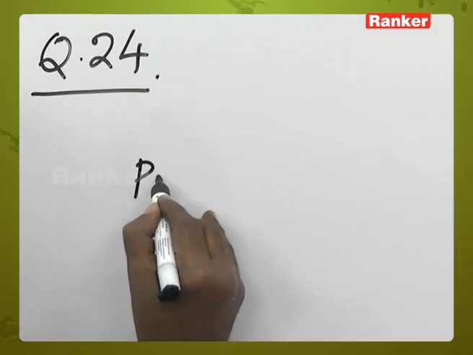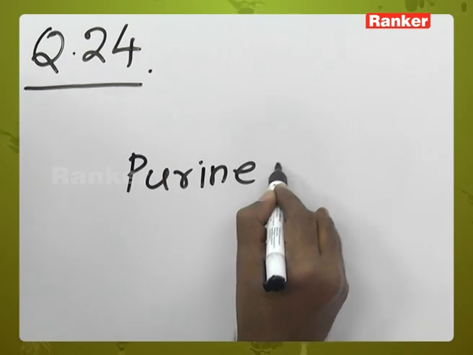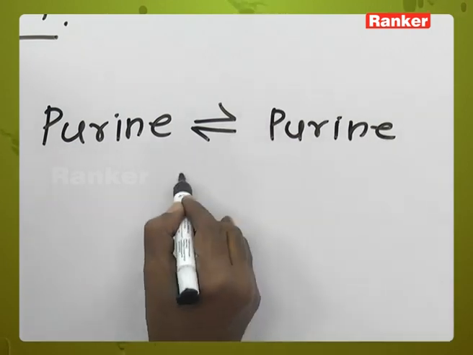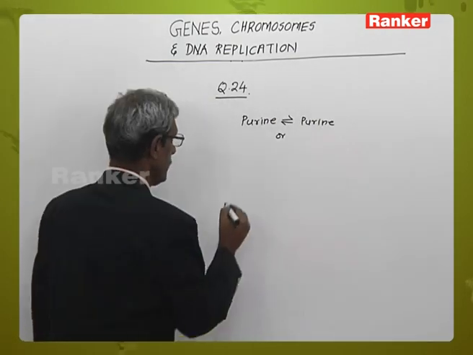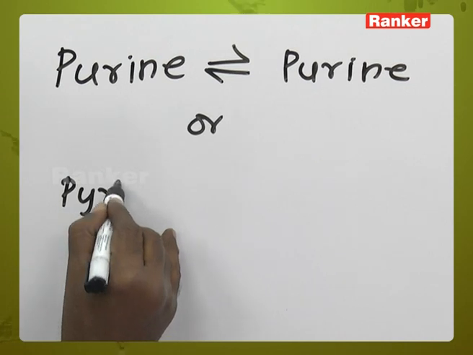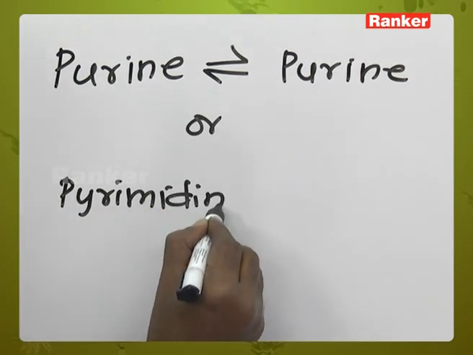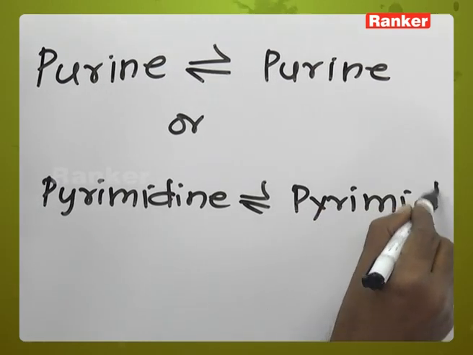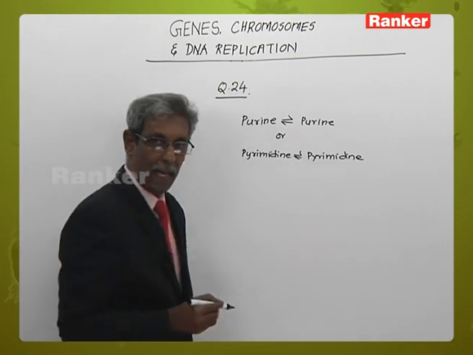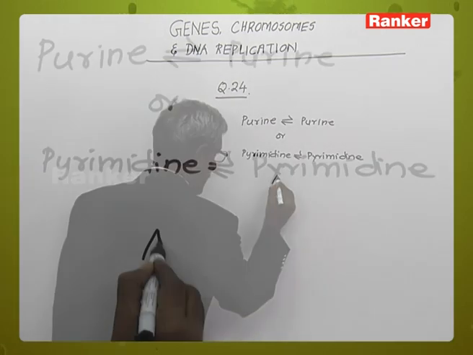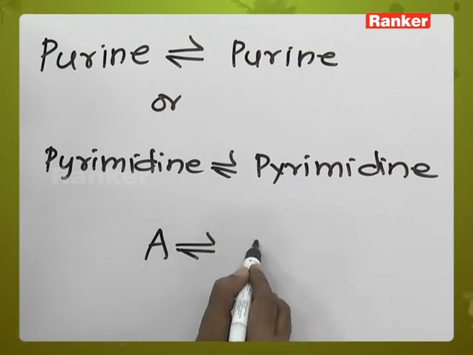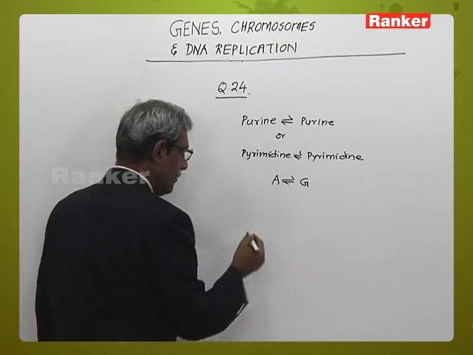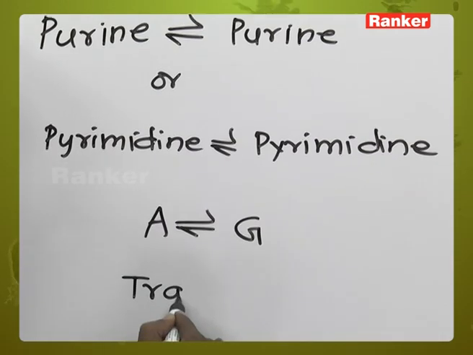Whenever a purine gets replaced by another purine or a pyrimidine gets replaced by another pyrimidine, like in the example, if adenine is replaced by guanine, then this change is primarily termed as transitions.